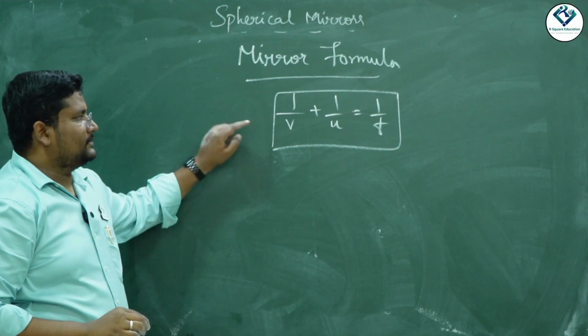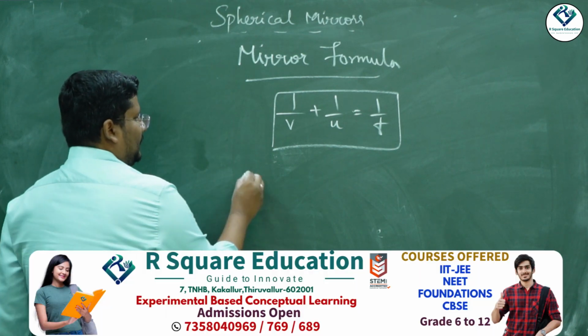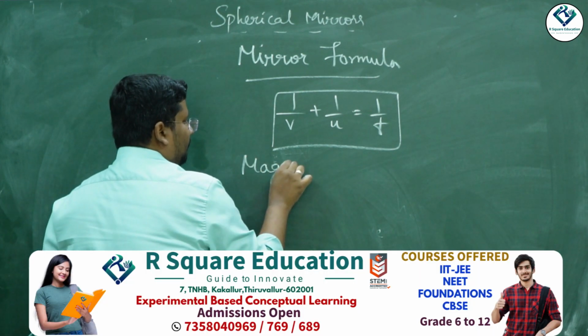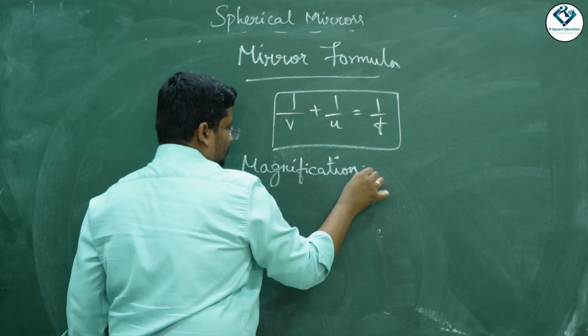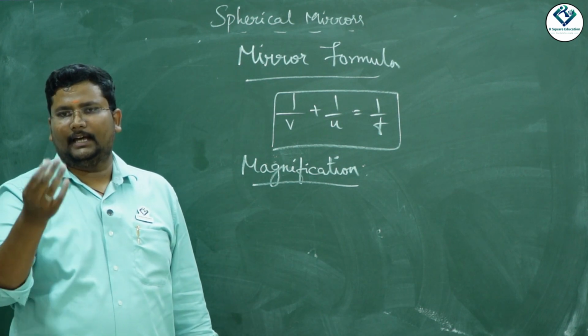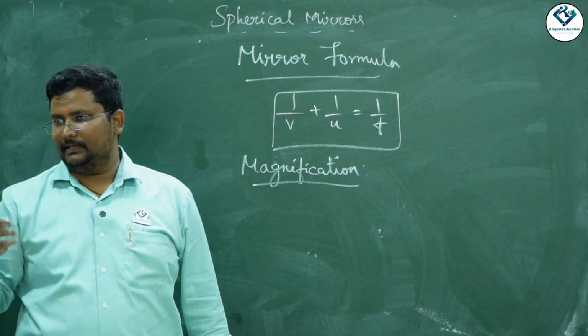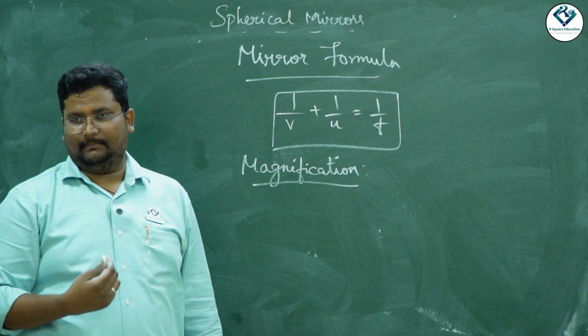In this we have to use sign conventions when we are solving the problems. And you have something called magnification. We were discussing image characteristics, like whether it is going to be enlarged, small sized or diminished, or point sized. That is dealing with the size of the images, correct?